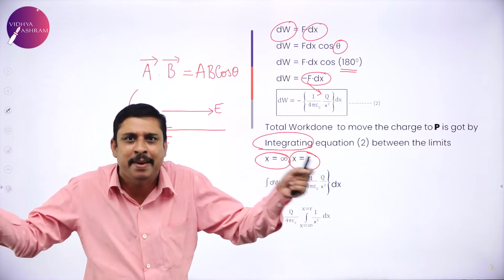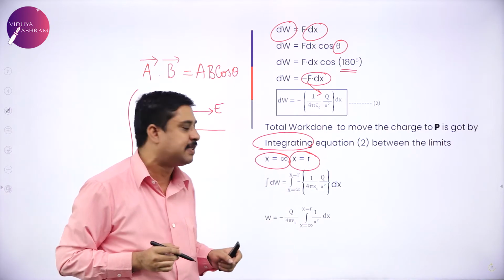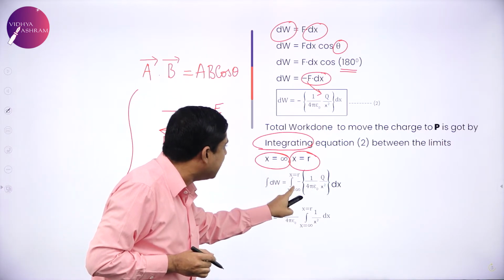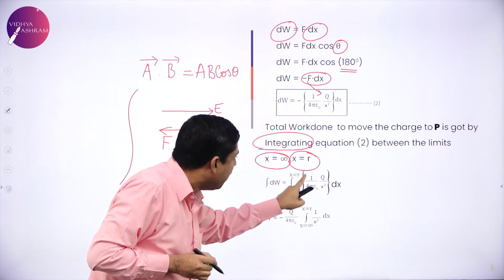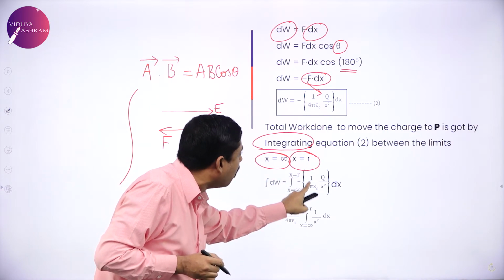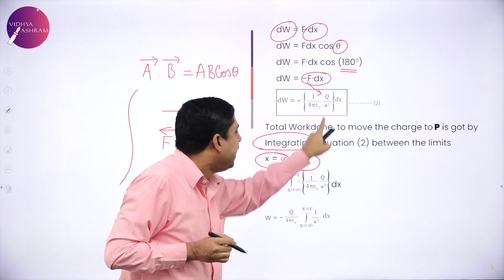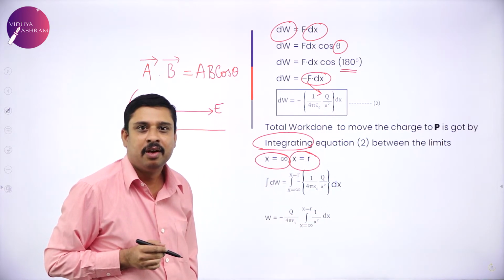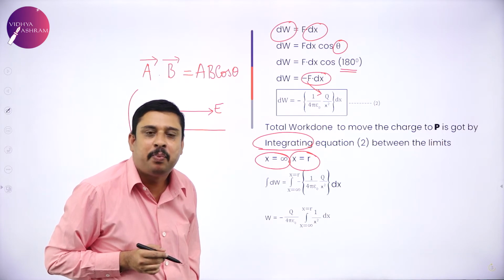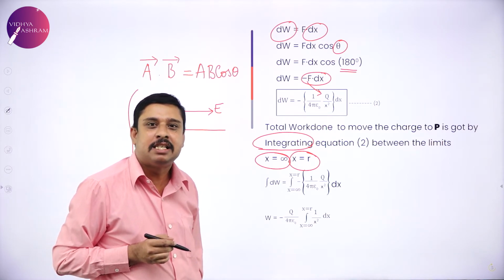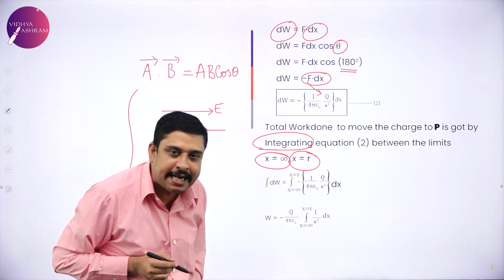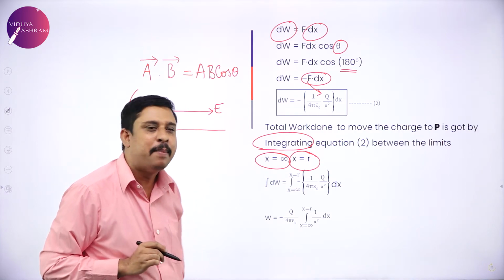Between these two limits, the charge is getting displaced. Now this is minus 1 by 4 pi epsilon naught q divided by x square into dx. So I am just applying integration symbols on both sides and I have written the limits.